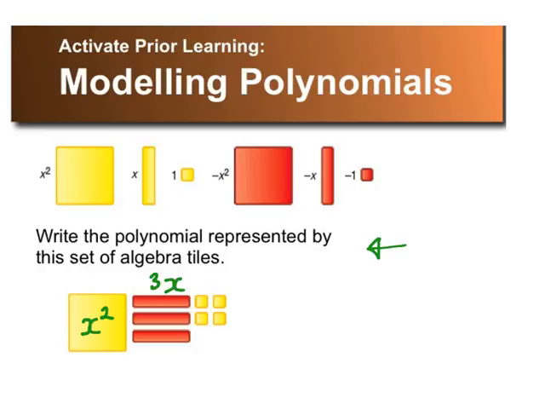That means we have 3 x's. And since it's red, it's represented by a negative. So it's negative 3x. We also have 1, 2, 3, and 4 little squares. That means we have 4 as a unit. So the whole polynomial will be x squared minus 3x plus 4. So these shapes represent this polynomial.